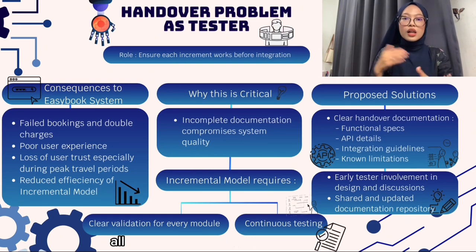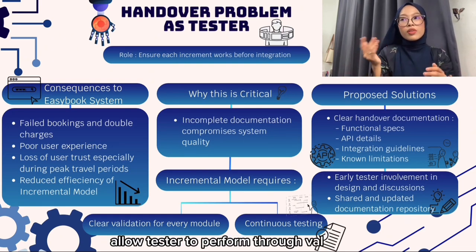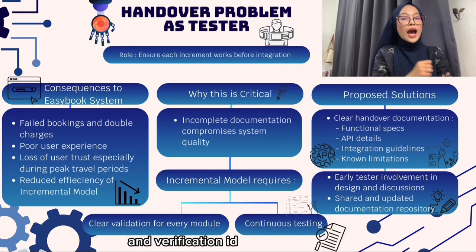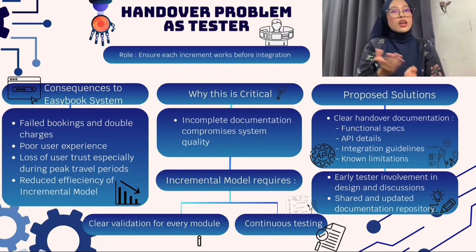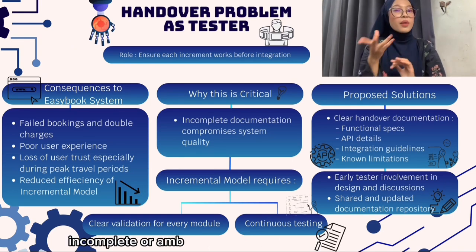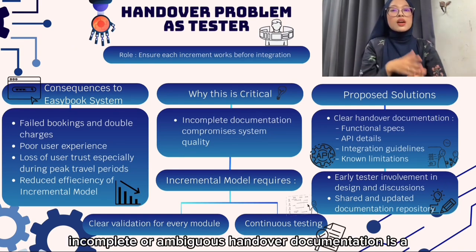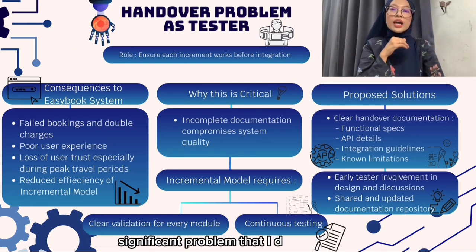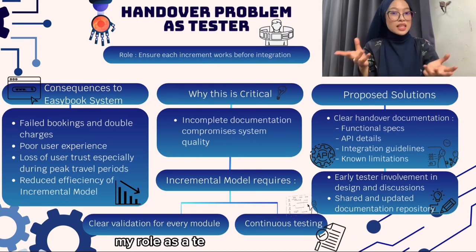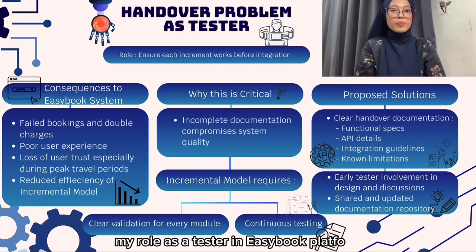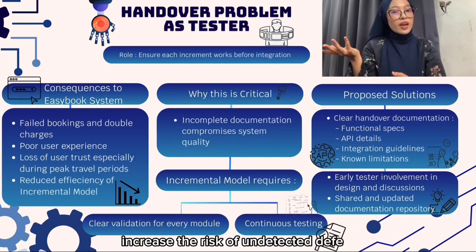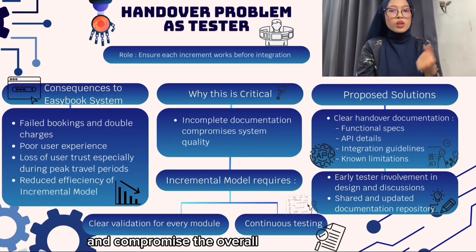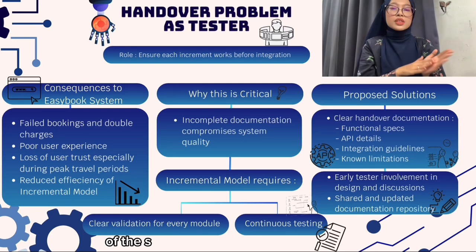This measure allows testers to perform thorough validation and verification, identify defects early, and support the continuous improvement cycle of the iterative model. In conclusion, incomplete or ambiguous handover documentation is a significant problem that directly affects my role as a tester in the Easybook platform. It can slow down testing, increase the risk of undetected defects, and compromise the overall quality and reliability of the system.